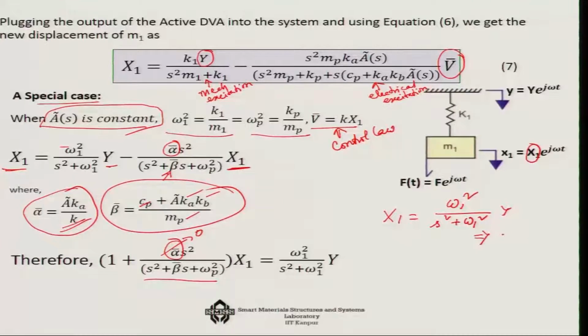So, if I find out the two roots S1 and S2, then this system will have roots as square root of omega 1 square, which will give you two solutions, that is you will have S1 as either omega 1 or minus omega 1 also as another solution.